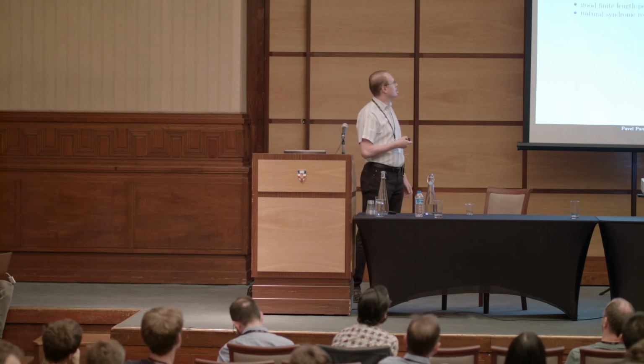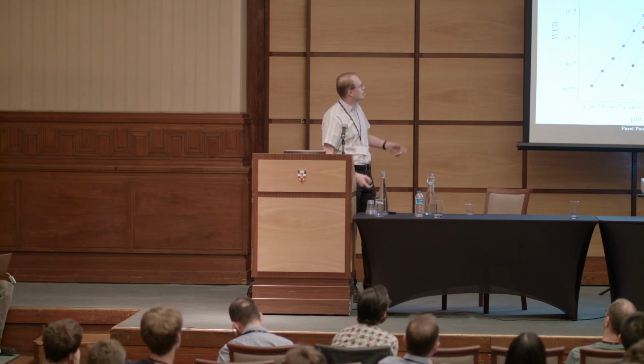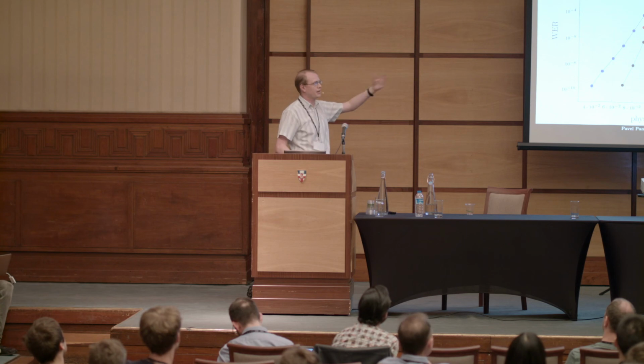How did you get to simulate 10 to the minus 10? That's a good question. Actually, the reason I showed this graph is because you might have thought that this sounds like any other theoretical decoding algorithm that couldn't be run in practice.